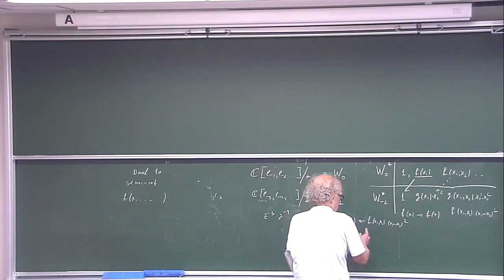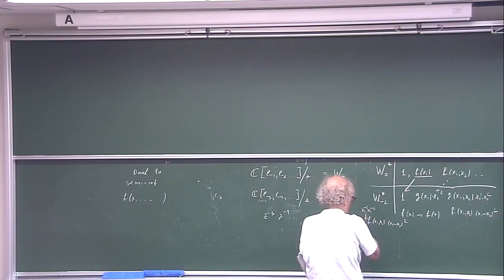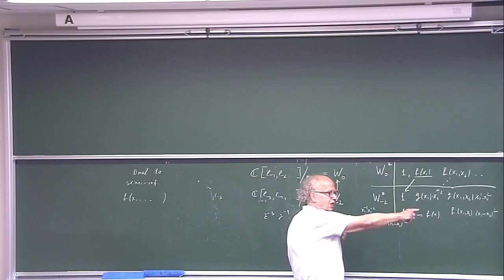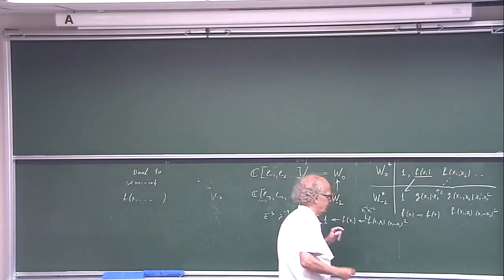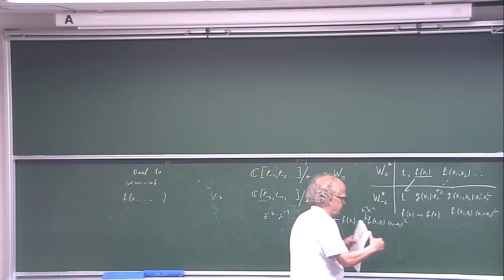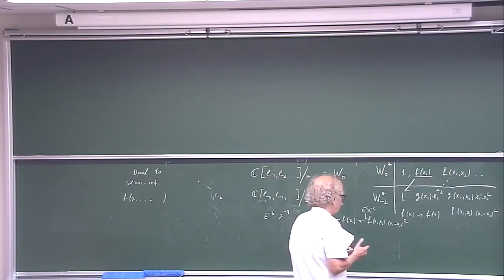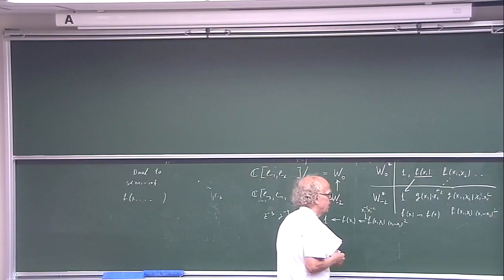Here I need to have, I think, x1 minus 2, x2 minus 2, something like that. Maybe I am wrong, but some element from here is going on to this, and so on. I'm moving to infinity, and so this is a description of my space, which probably can be useful somewhere.